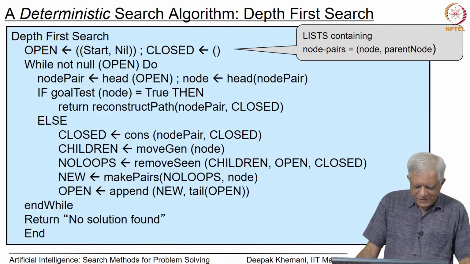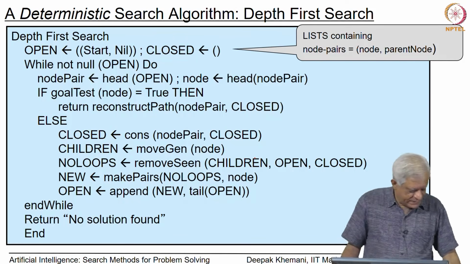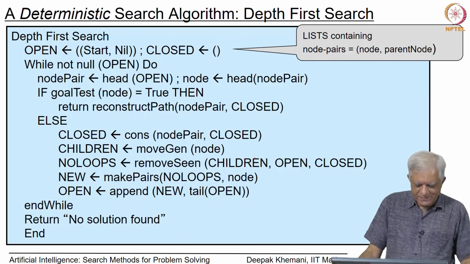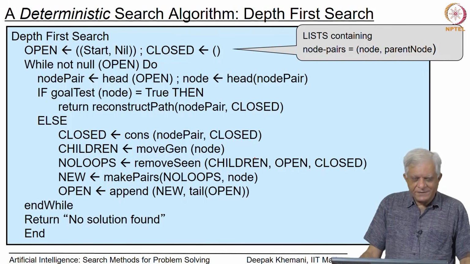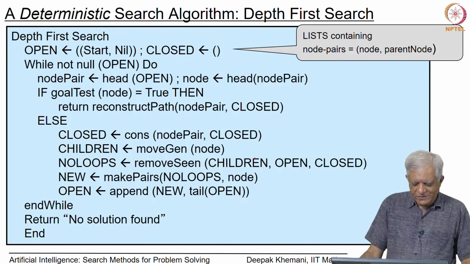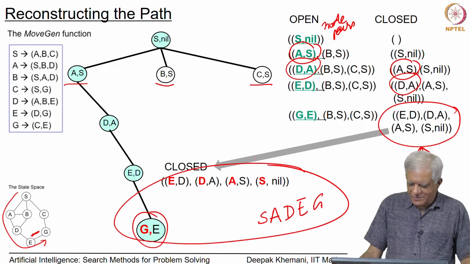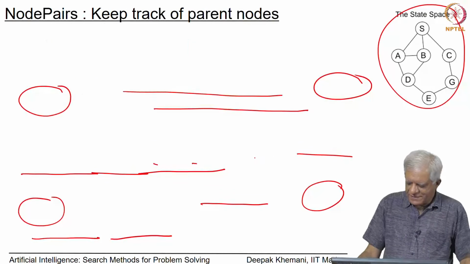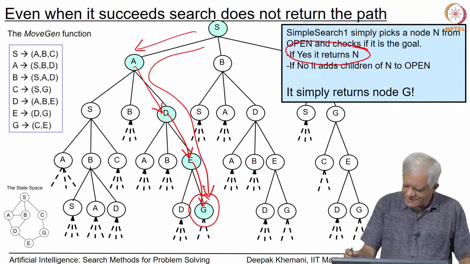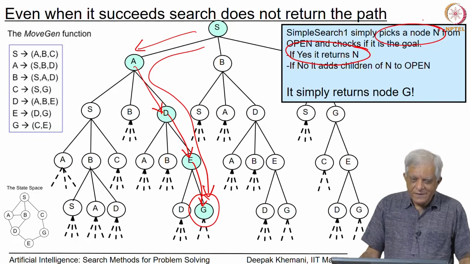Okay, so I think we will stop here. In the next class, we will look at this algorithm in a little more detail. This particular algorithm is called depth first search, and it also removes the non-determinism that we had earlier, because we had said that our algorithm picks some node, but we did not say which node.